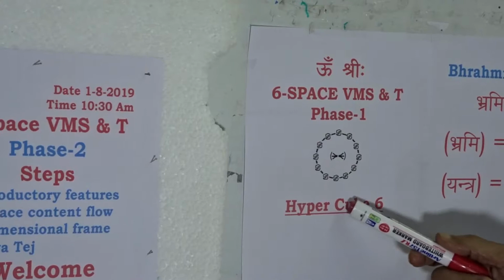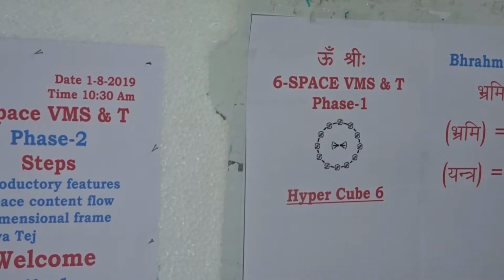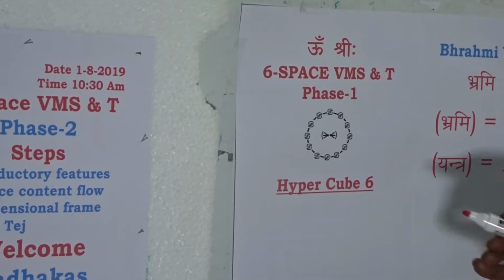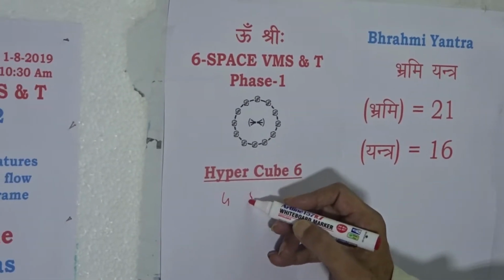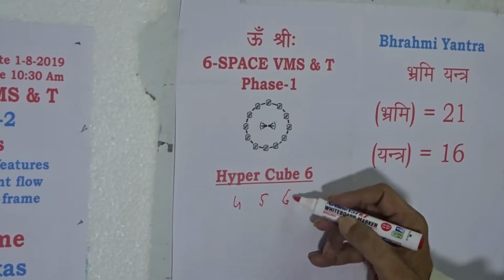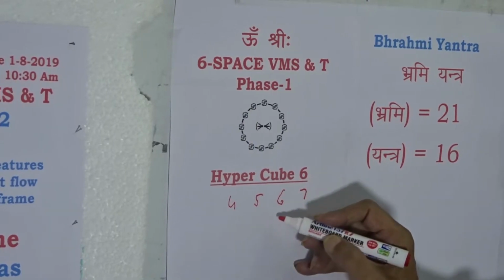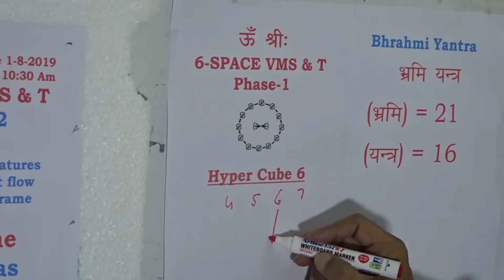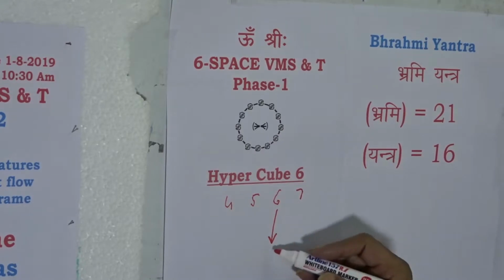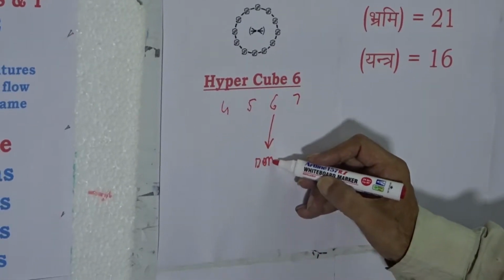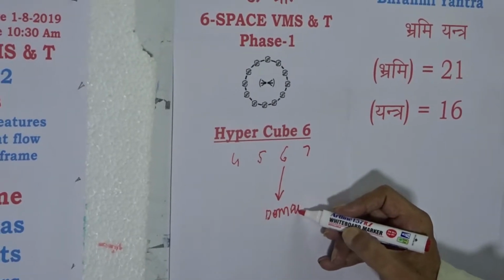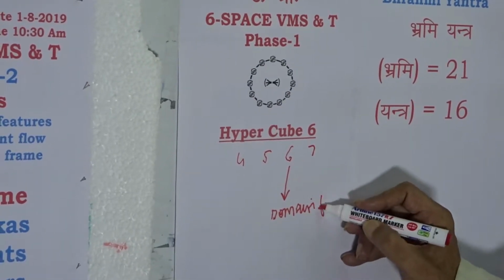This Hypercube 6 format is focusing as a fourfold manifestation layer, and 6 Space here is in the role of a domain. It is 6 Space content which is manifesting as a domain fold.